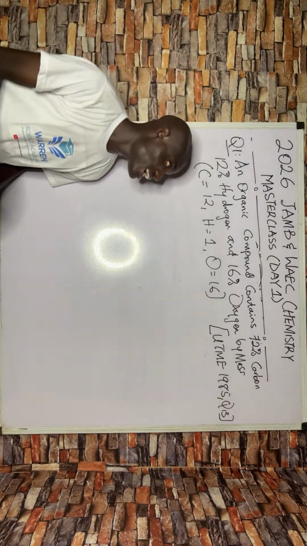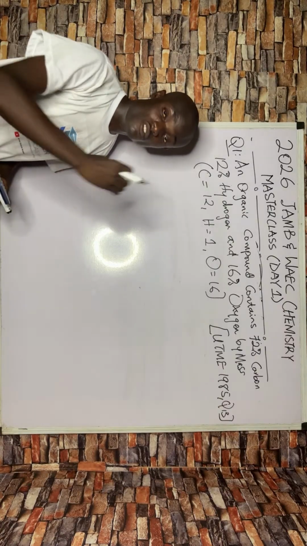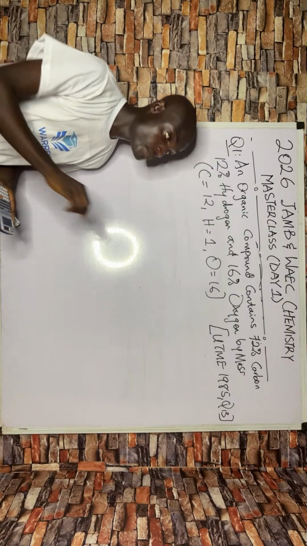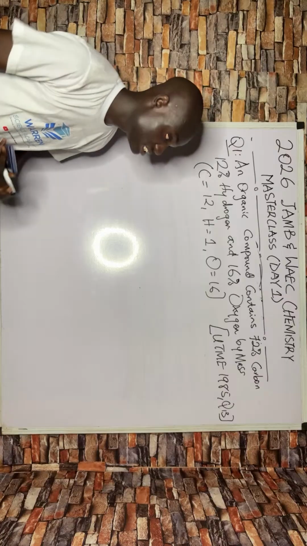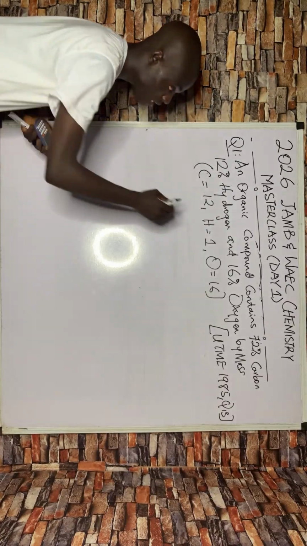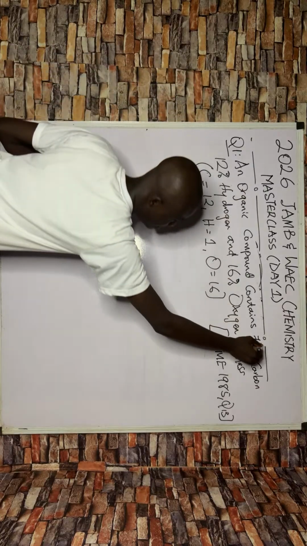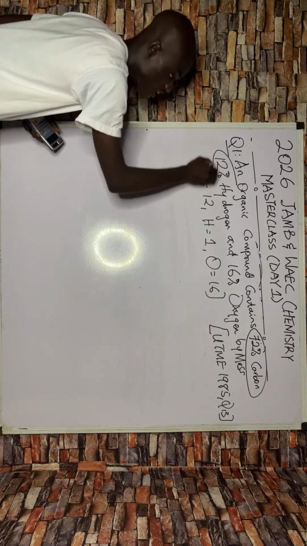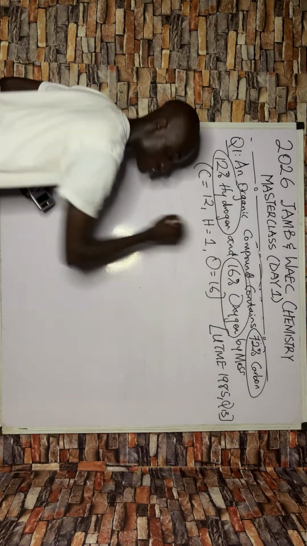Now how do we attempt this question? Again, remember your steps. I gave you 4 steps, but the first 3 will help us to calculate the empirical formula, then the last will help us to calculate the molecular formula. We are told that this compound contains 72% carbon, 12% hydrogen, and 16% oxygen.